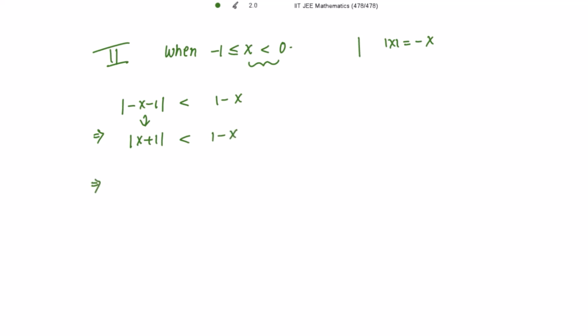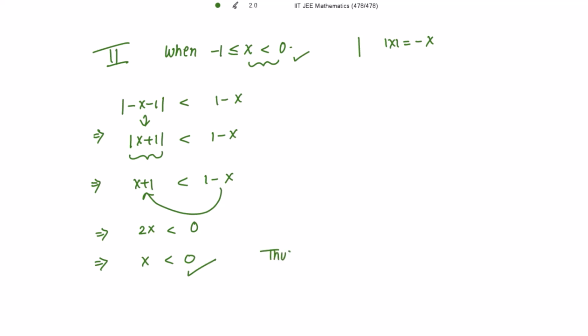So this implies absolute value of x plus 1, which is x plus 1, strictly less than 1 minus x. Which further implies, just taking this -x to the other side, we get 2x strictly less than 0. That implies x is strictly less than 0. Yes, this is satisfied for this condition, which means the inequality is satisfied.